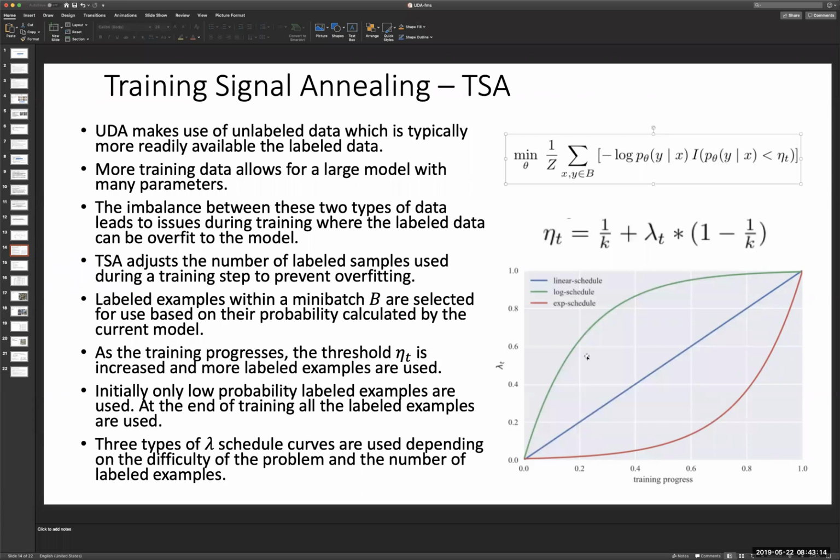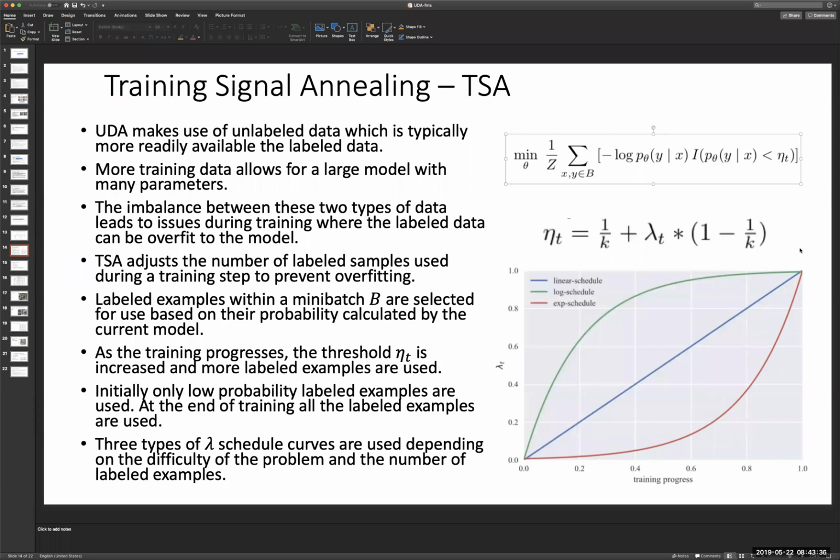So then finally, the training process, these are perhaps the epochs, starting from the beginning and going to the end. So at first, lambda T is 0, and then it monotonically increases to 1.